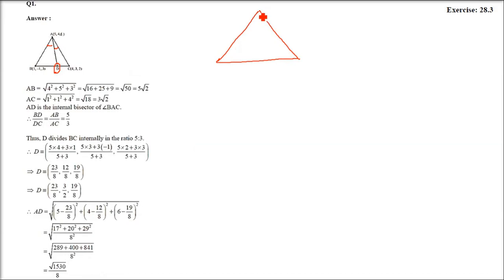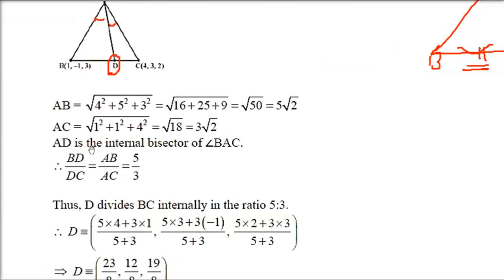If I name the triangle B, C, A, and the intersection point is D, then BD by DC equals AB by AC. The sides we have just found out: AB is 5 root 2, AC is 3 root 2, so BD by DC equals 5 by 3.